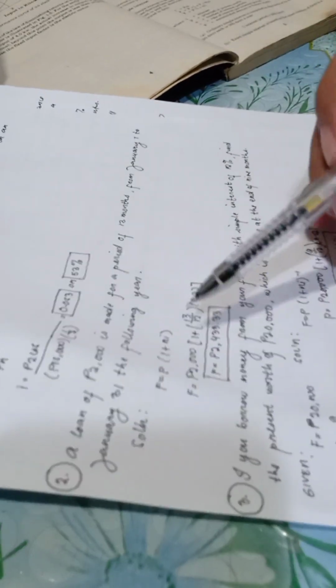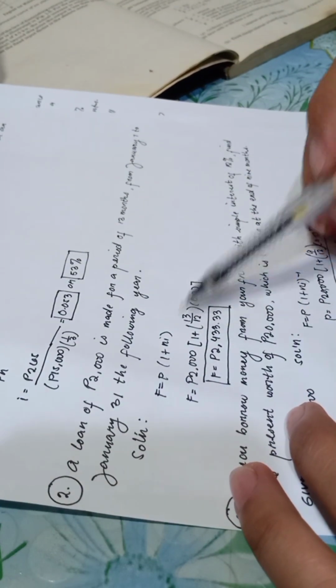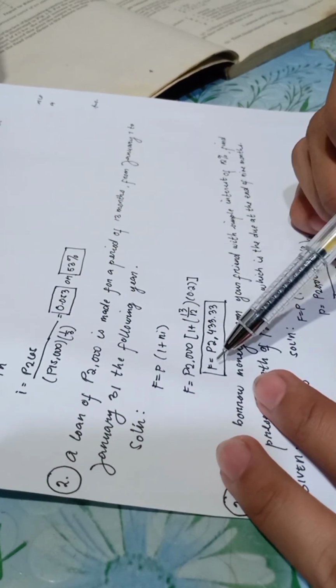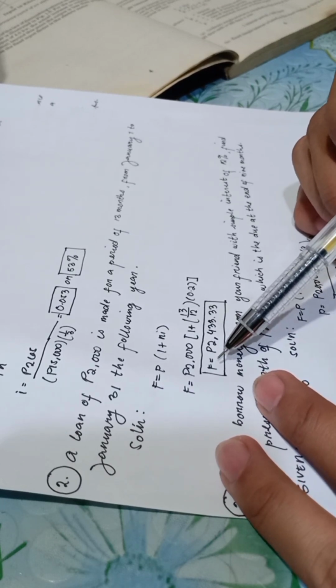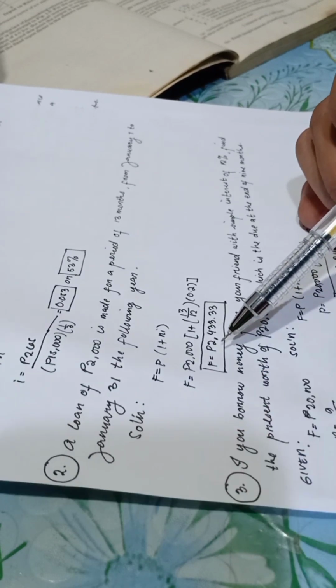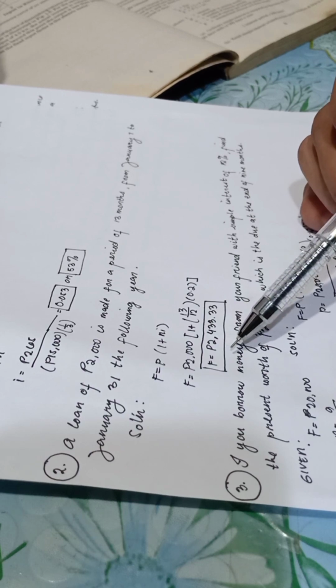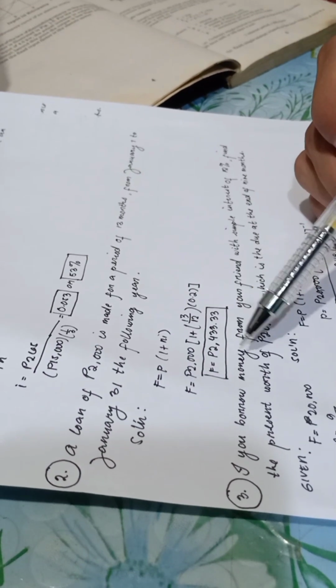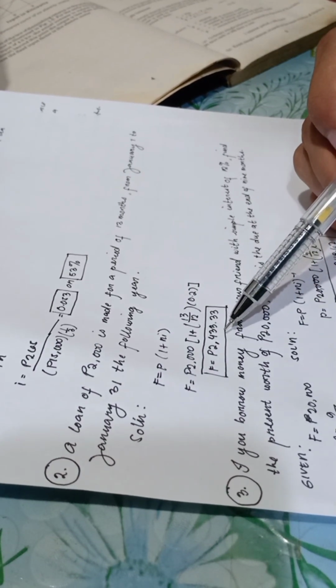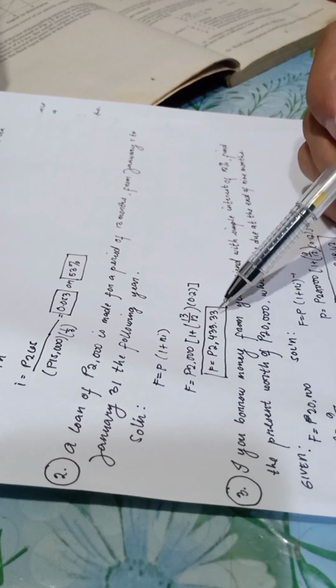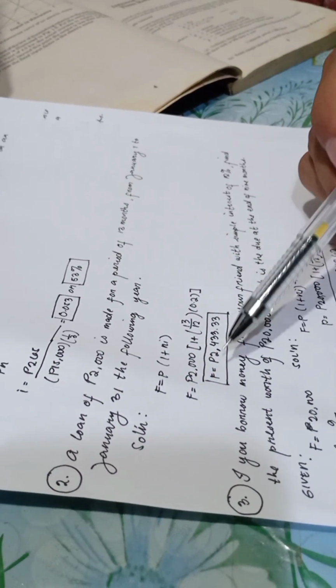Calculating this, the result is F, our accumulated amount or future worth, is 2,433.33 pesos. So that is the final answer.